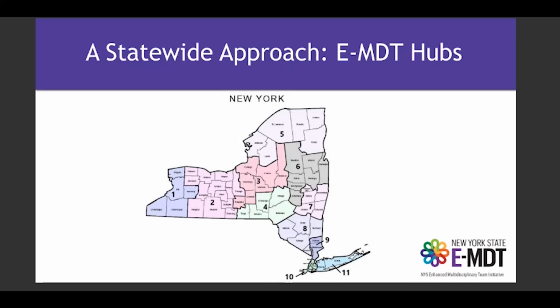Across New York State, we currently have 15 coordinators that are funded to pull teams together and review cases of elder abuse. I mentioned previously that when we received our initial funding, we were specific to financial exploitation cases. However, with the addition of our Office of Victim Service funding, we expanded to include all forms of elder abuse. The only thing that we do not address is self-neglect cases.